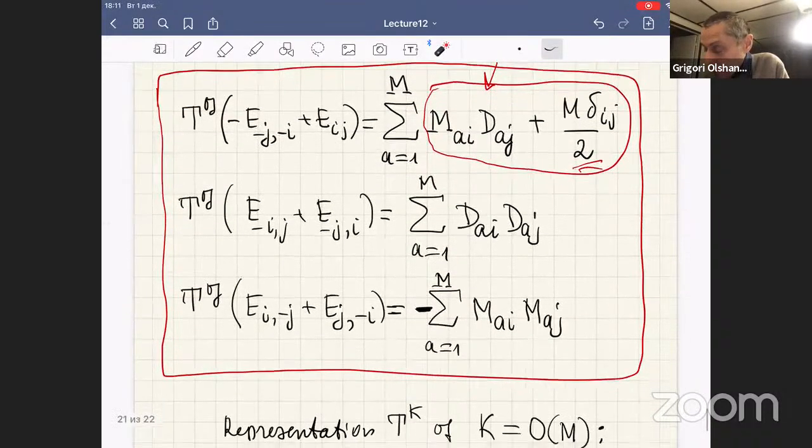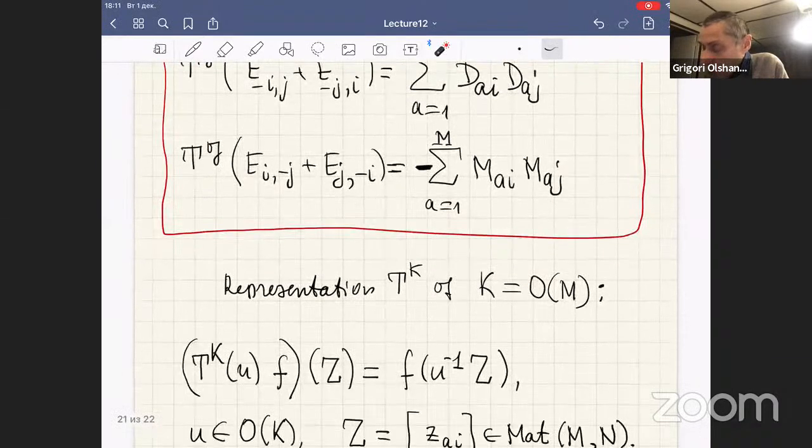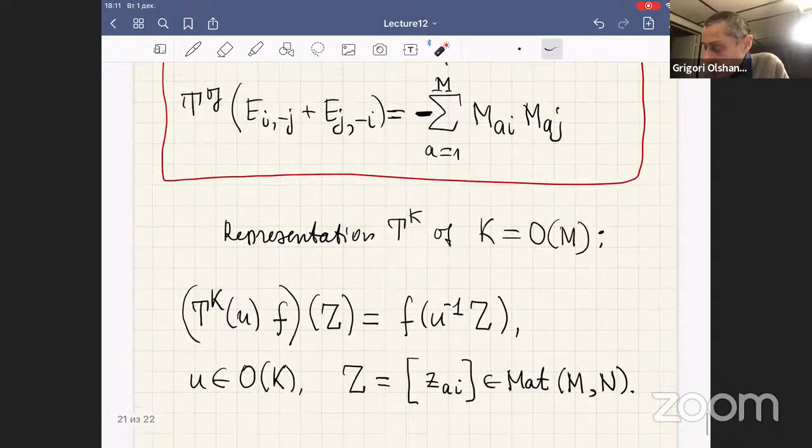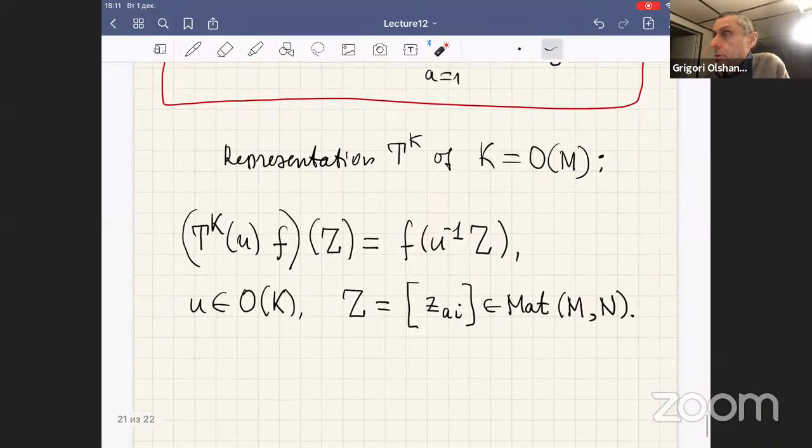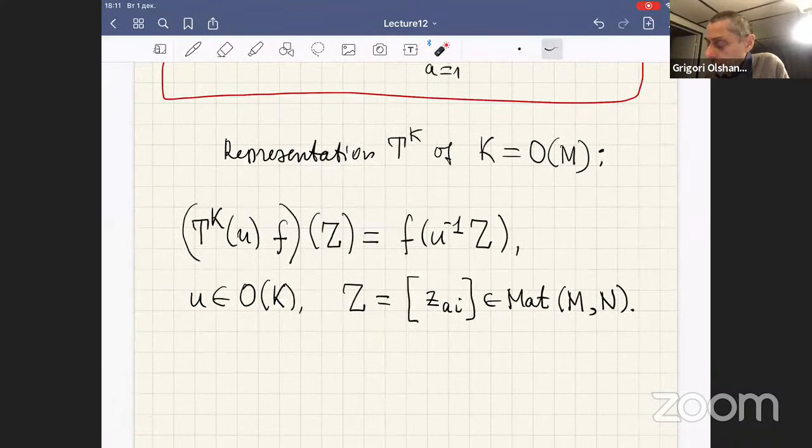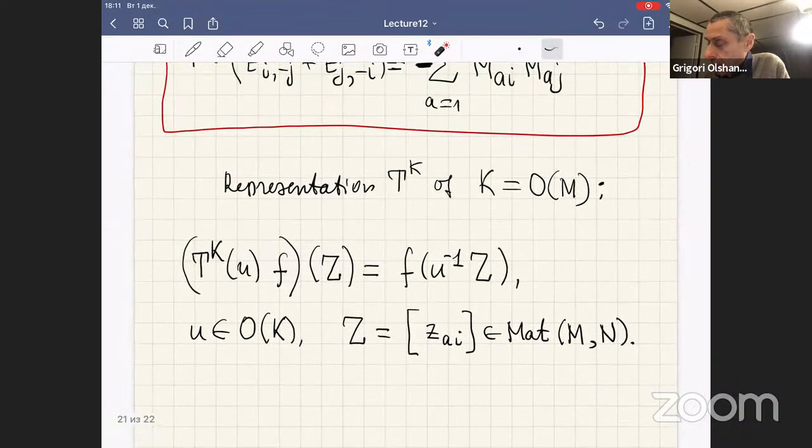And what next? Next we want to produce some representation of our compact group. How to define it? Very easy. We just collect all our variables z_ai.